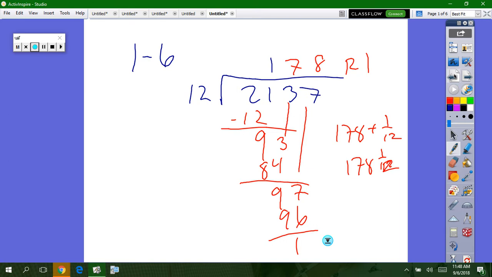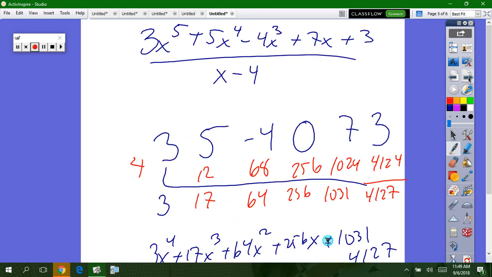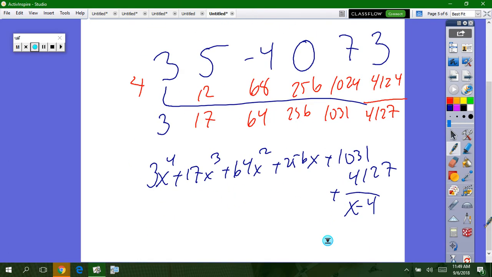I remember doing it: oh, my answer's 178 remainder 1. No. Really, what does that mean? It's 178 and 1/12. You take the remainder and divide by what you divided by, correct? So the remainder, to answer your question, Daniel, is just whatever the last term is.